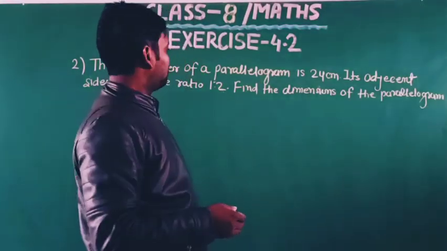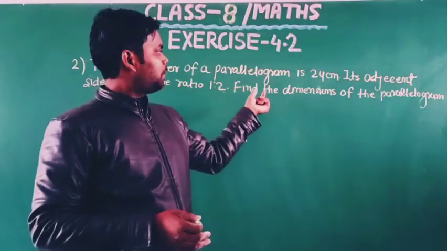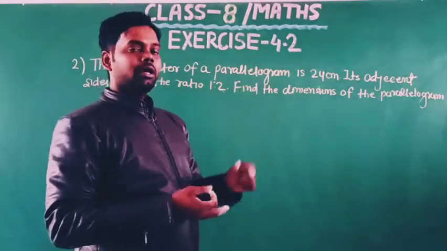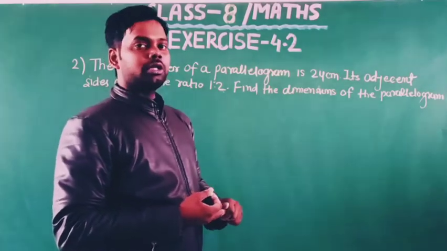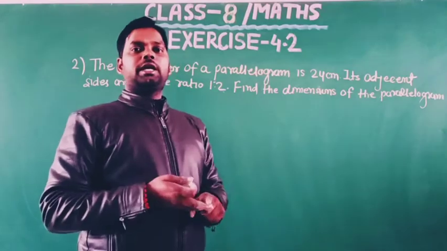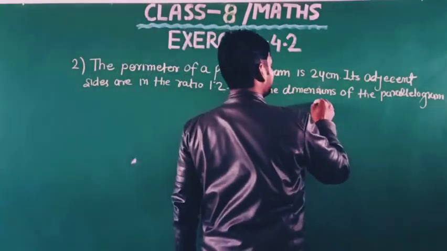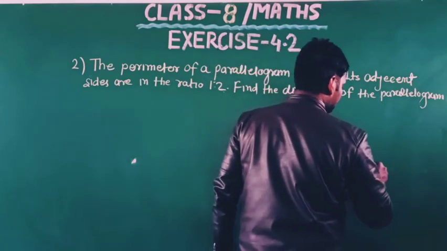So we have the perimeter of the parallelogram equal to 24 centimeter and the ratio of its adjacent sides given as 1:2.